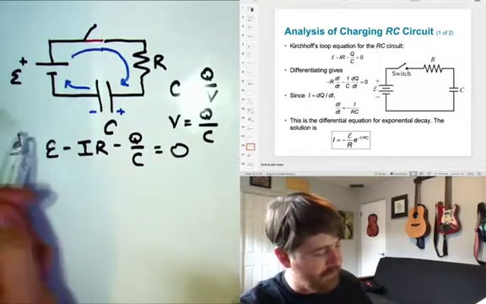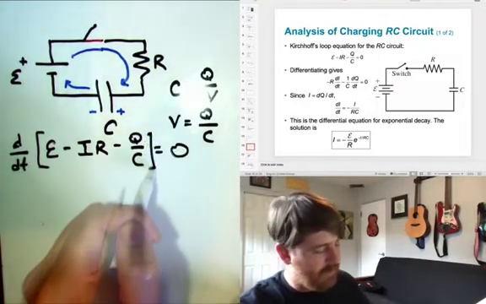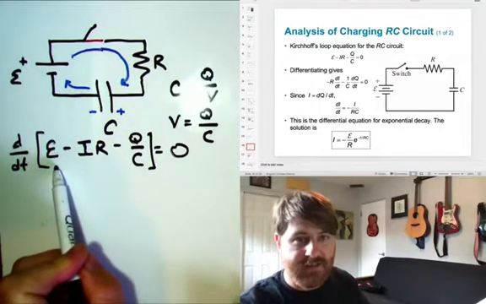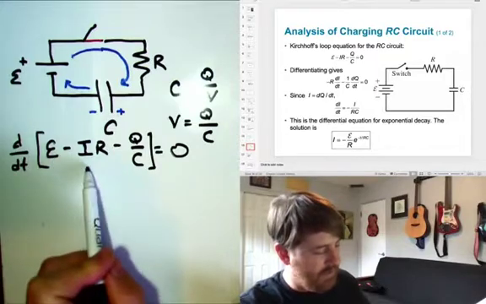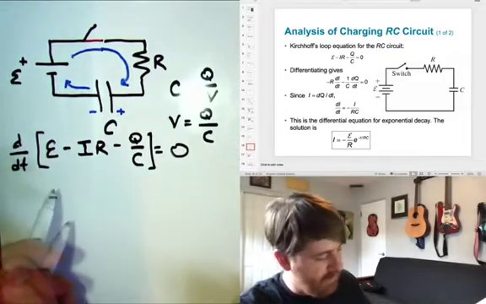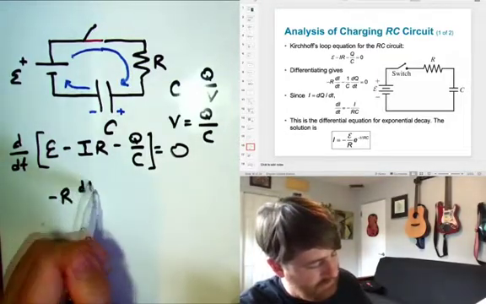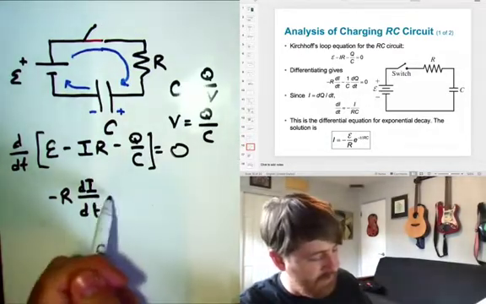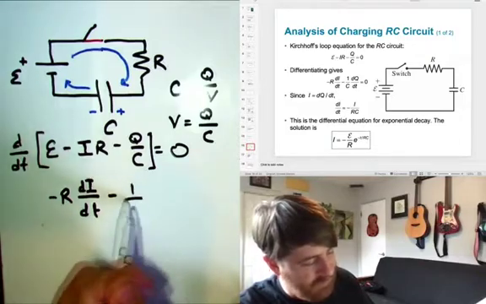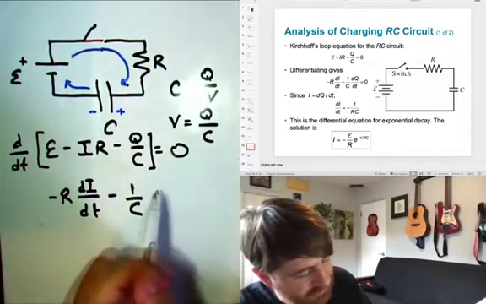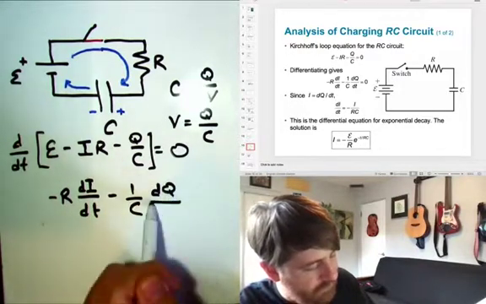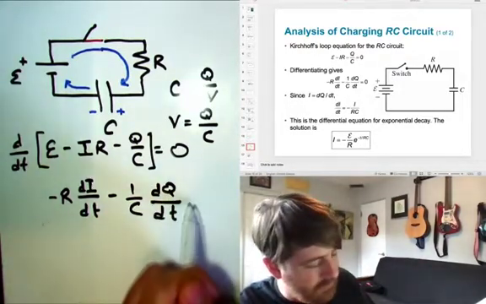Right, so if I take the derivative, what do I get here? I get the derivative of a constant is 0. I get minus R dI/dt. And then I get minus the constant, 1 over C. And what's changing? The charge. So that'll be times dQ/dt. And this has to be equal to 0.